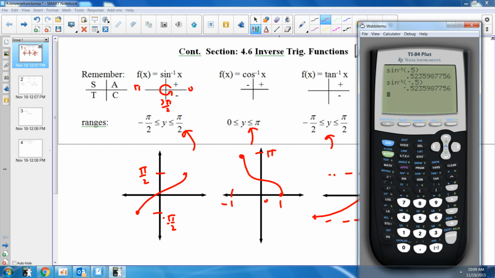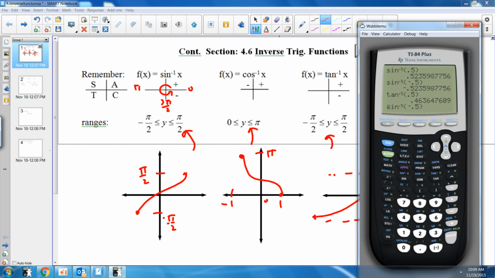Now, if I did the same thing for tangent and put in 0.5, you're going to see it's going to be a positive angle. And if I put in a negative sign, and let's just try this one more time here.